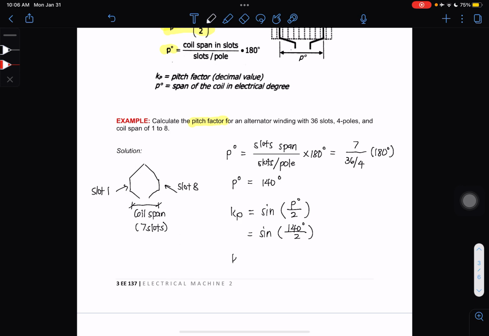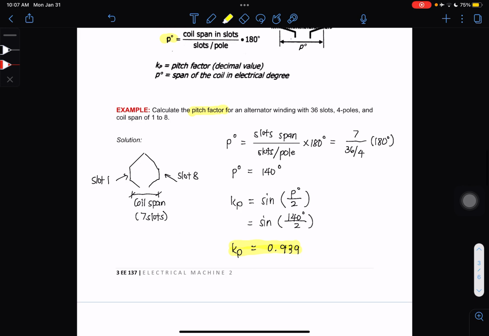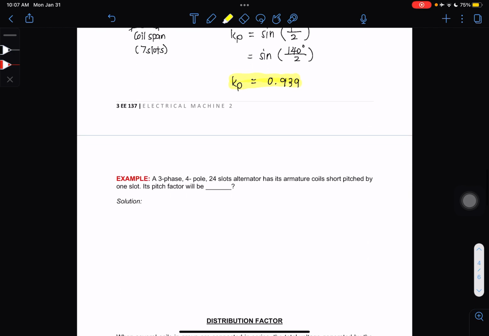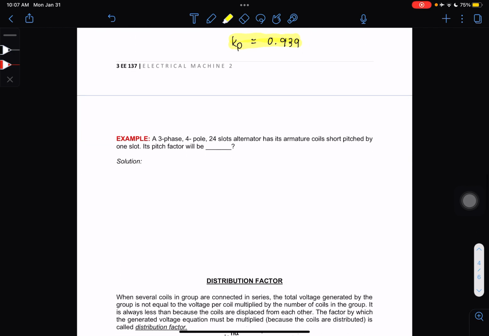So our pitch factor is 0.939. So this is our final answer for our pitch factor for an alternator winding. So take note of the formula. And let's have another example so it will be understood.